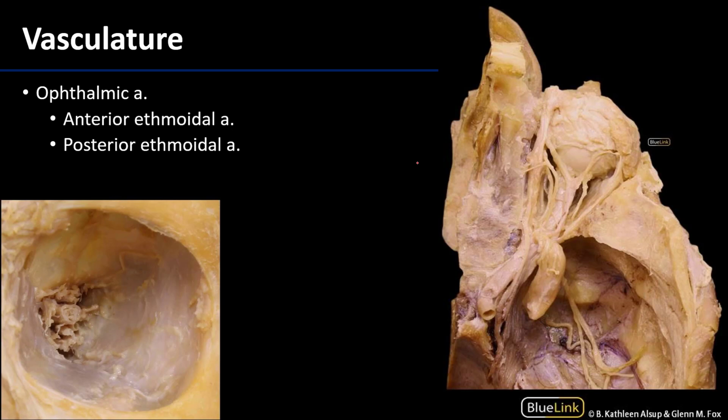So there are also ethmoidal arteries. We don't have a very clear view of them here. We can see they're kind of obscured here by the superior oblique muscle, but those ethmoidal arteries are direct branches of the supratrochlear artery, which is a branch of the ophthalmic.